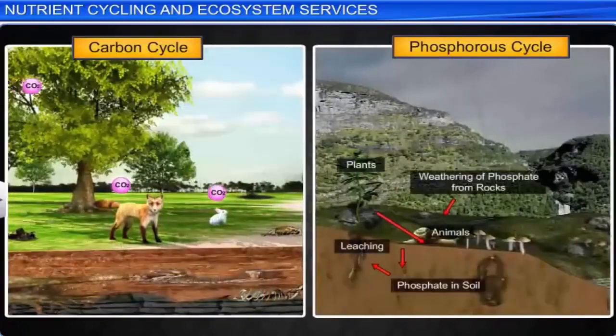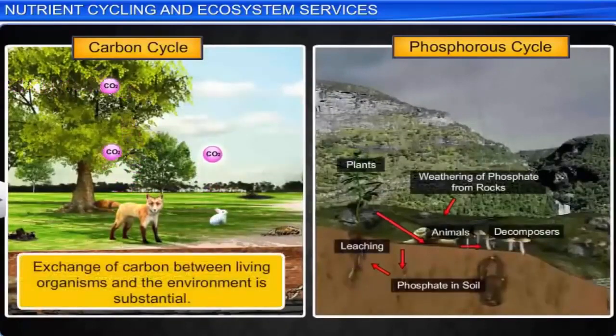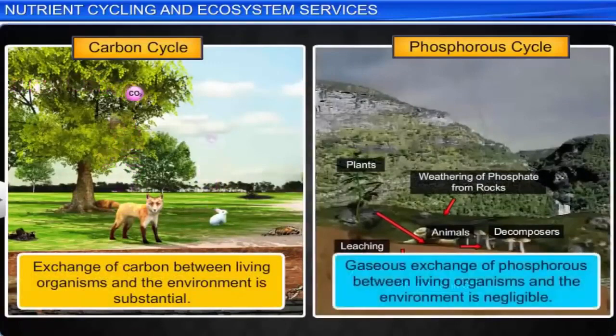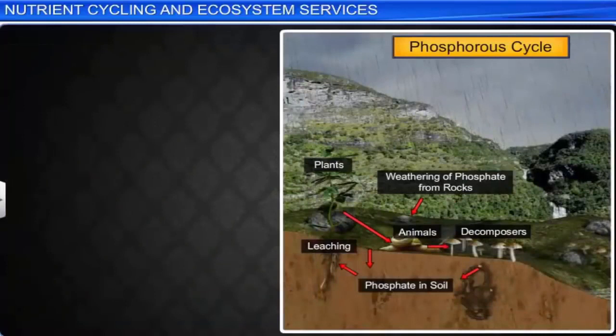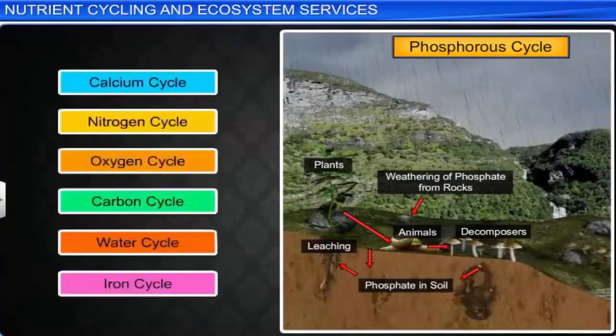Also, unlike in the carbon cycle, there is very little gaseous exchange of phosphorus between living organisms and the environment in the phosphorus cycle. However, the phosphorus cycle, along with other nutrient cycles, play a very important role in maintaining healthy ecosystems.